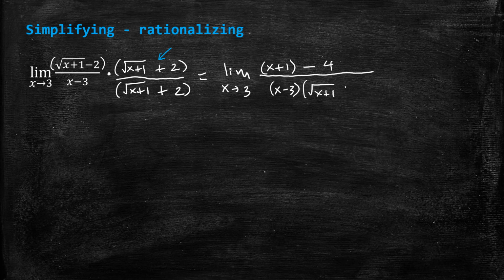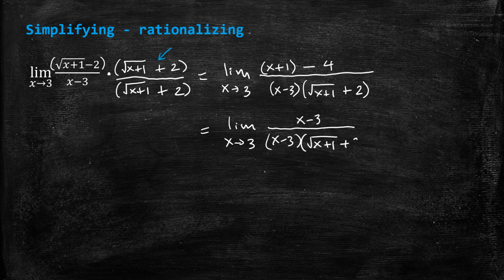So x plus 1 plus 2. And then we get the limit as x goes to 3. Let's just simplify that numerator. How convenient. It becomes x minus 3. And we see that very shortly we are going to be able to cancel that out. So x minus 3 over x minus 3.